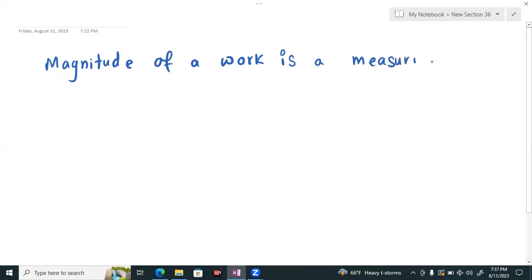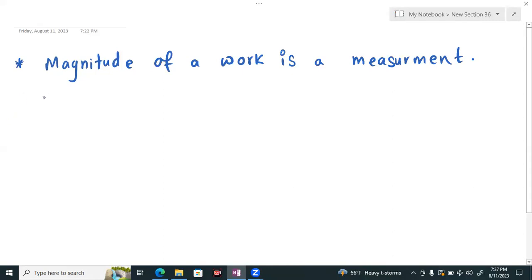The magnitude of a work is a measurement. What does it measure? When we measure something, there should be something that we measure.